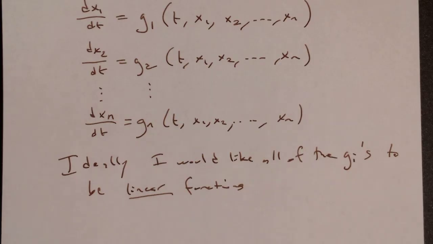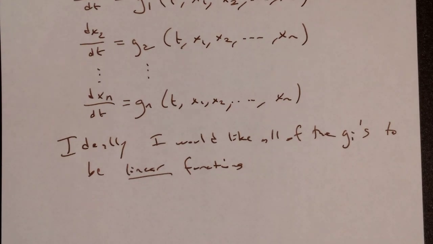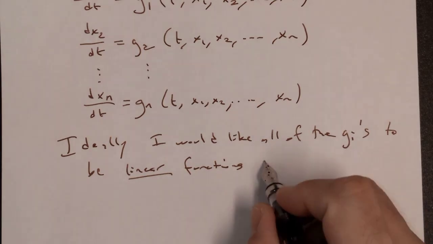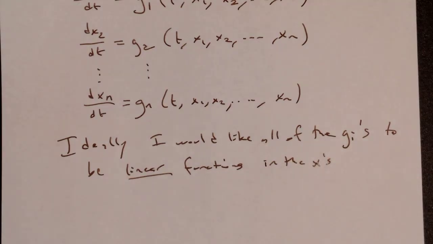What the hell does a linear setup look like? Well, if it's linear, I want it to be linear in the x's. This is the same question I asked in chapter 1. What does it mean to be linear in the x's?